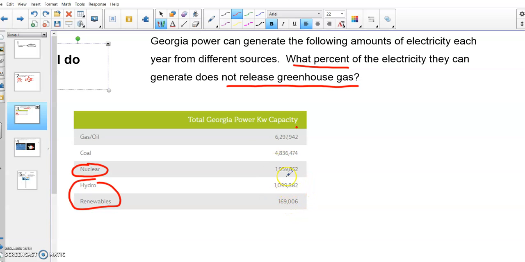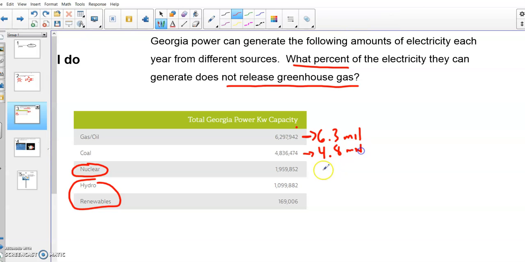So just to make this problem a little easier with these really large numbers to get the percent, I'm going to round these off to maybe the nearest 100,000. So I'm going to say that is about 6 3/10 million, so we'll say that's just 6.3 million. And that is 4 8/10 million if I round it.